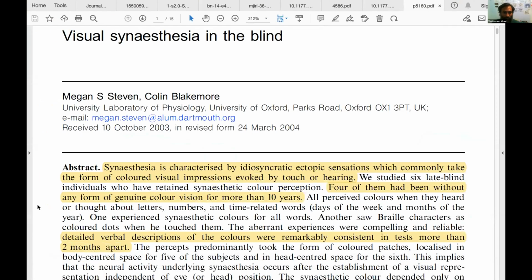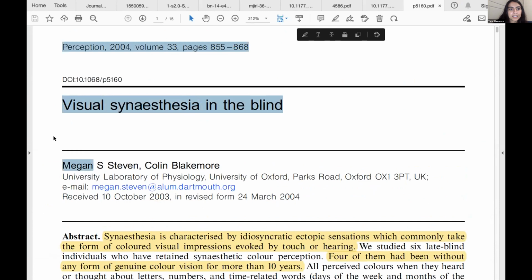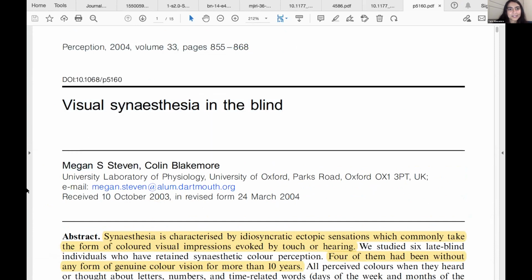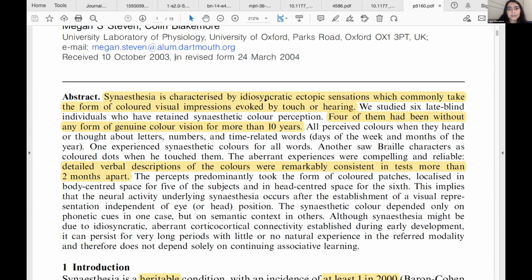Okay, let's go. I'll try to give a brief summary of visual synesthesia in the blind, based on this article from 2003. Synesthesia is defined as idiosyncratic ectopic sensations, which commonly take place in the form of colored visual impressions evoked by touch or pain.